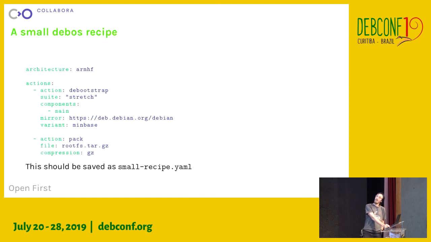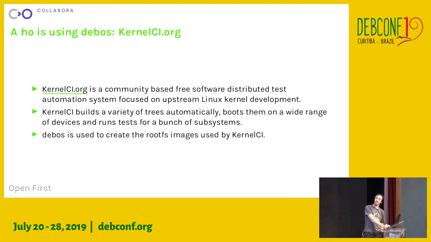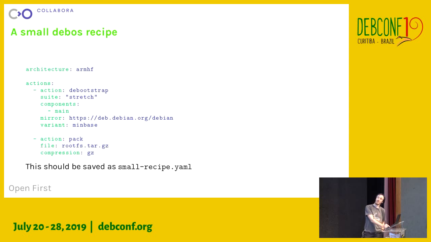So now examples. Recipes look like that, basically. You define the architecture and you specify a list of actions. One of them is, for example, debootstrap and pack, and I will go into that a bit more further.